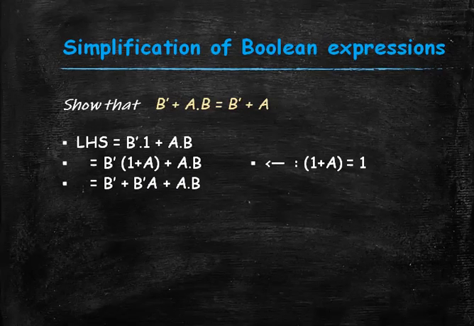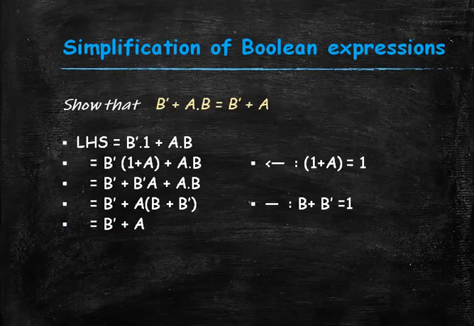Then combining the last two terms, taking A common, we write B bar + A(B + B bar). B + B bar must be equal to 1. Then we get the result B bar + A.